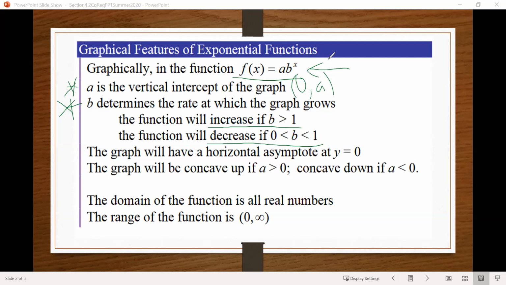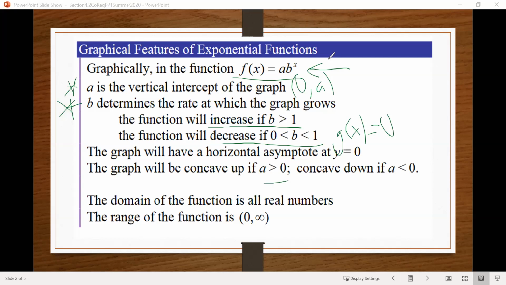Notice that we only have b greater than 1 or b between 0 and 1. We do not have b less than 0. Do you remember why that is? Right, that's because the value for b can never be negative. That's from section 4.1. We also have the graph will have a horizontal asymptote at, they say y equals 0, but it's really some constant function where the output is constantly 0.